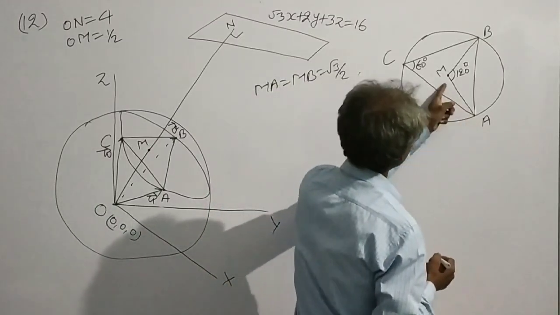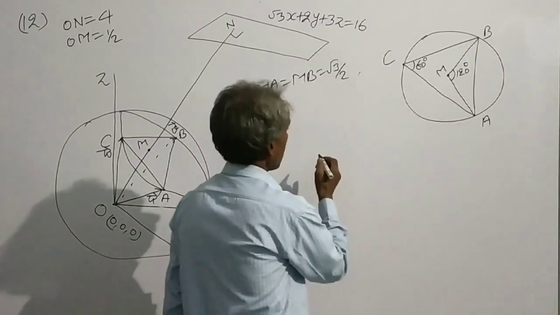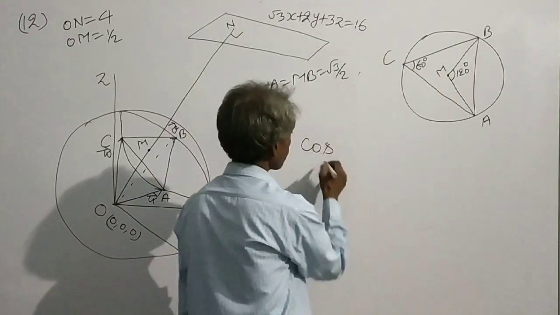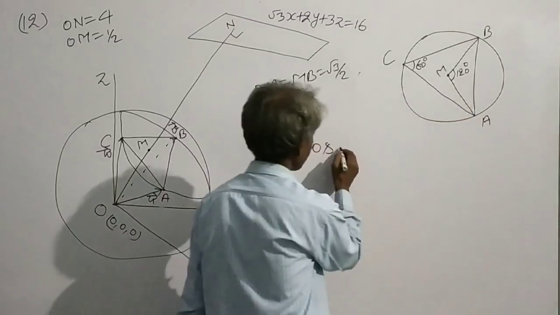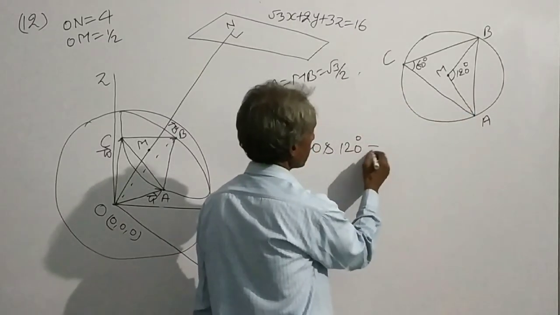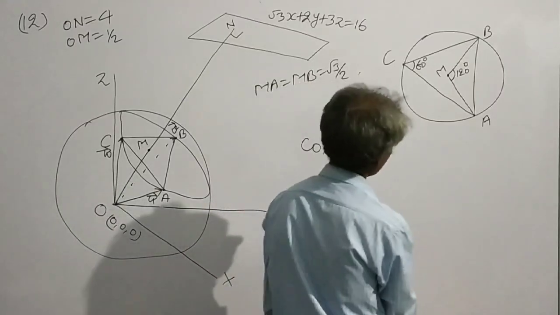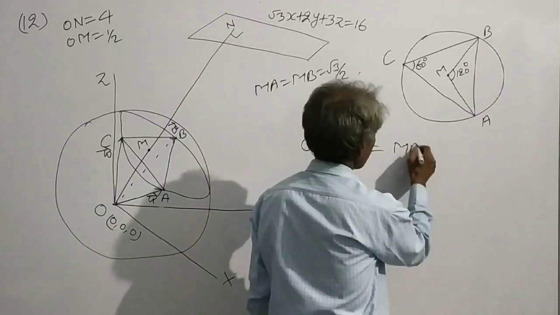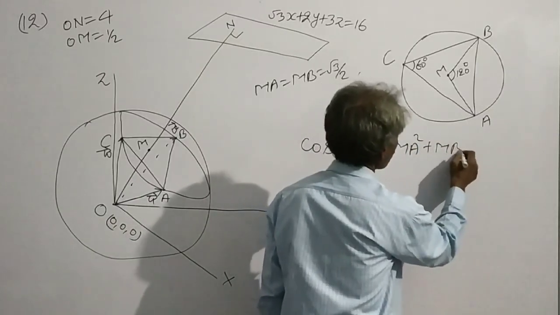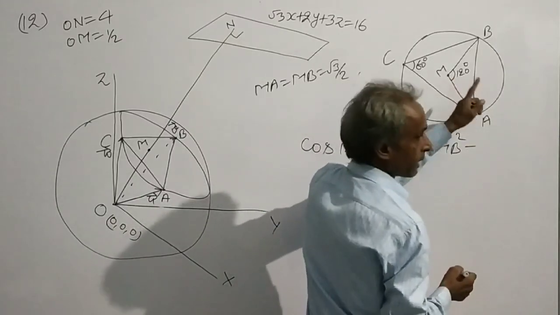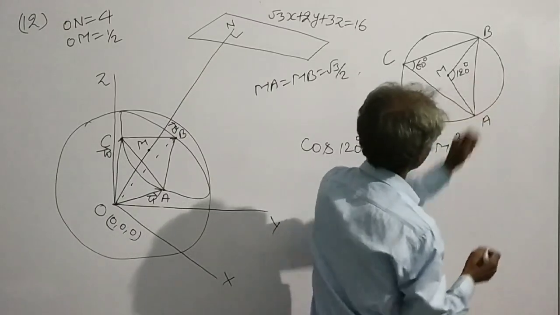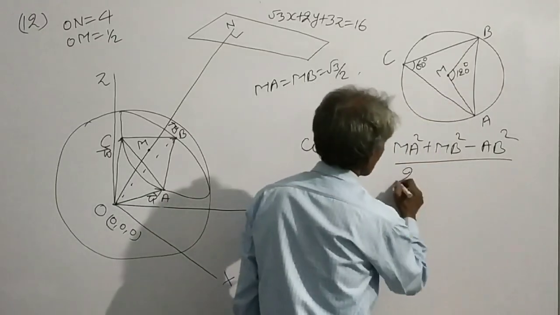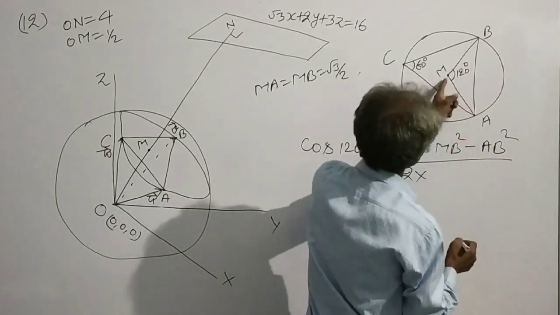Now in triangle AMB, we apply the cosine formula. Cos of angle 120 degrees is equal to MA square plus MB square minus the square of the side opposite to this angle, AB square, divided by 2 times MA times MB.